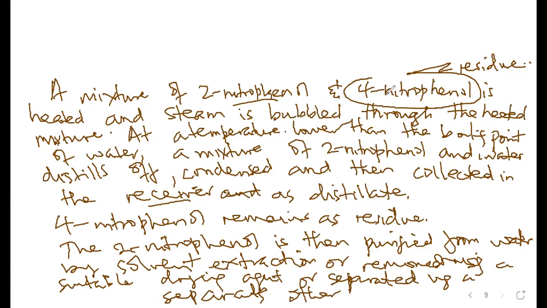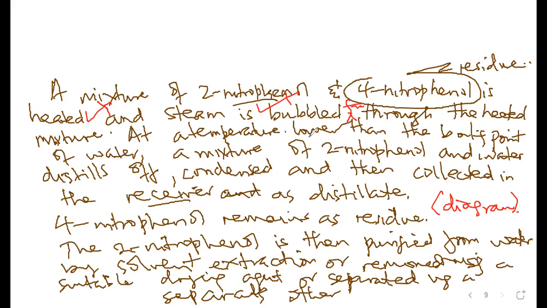Don't you see that this is very simple? Say it is heated, you get half a mark. Steam is bubbled through the mixture, get that mark. You may tell us where the steam comes from, maybe from a steam generator. If the diagram is not required, don't draw it. If it's required, then draw it.